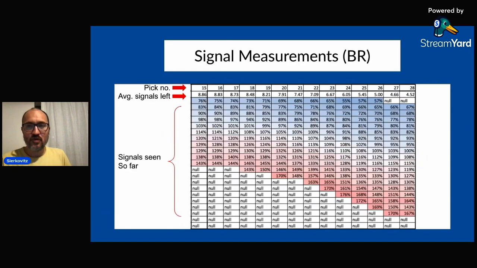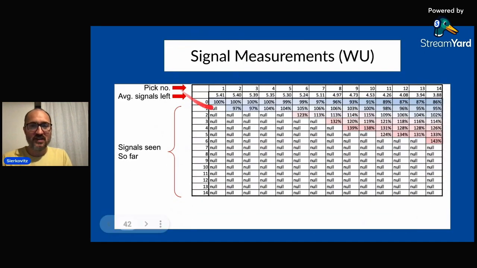When you move to blue-white, you see that this goes down to 5.4, which means that all through the draft, on average, you will see 5.4 signals. And you see the same trend. The more signals in blue-white you see, the more signals you will see in the future. But the problem is that even with an increase of 40% at pick 10, you got this 40% increase when you saw 4 blue-white signals before your pick 10.